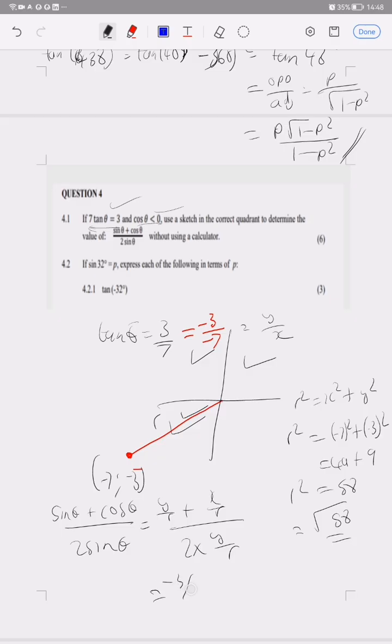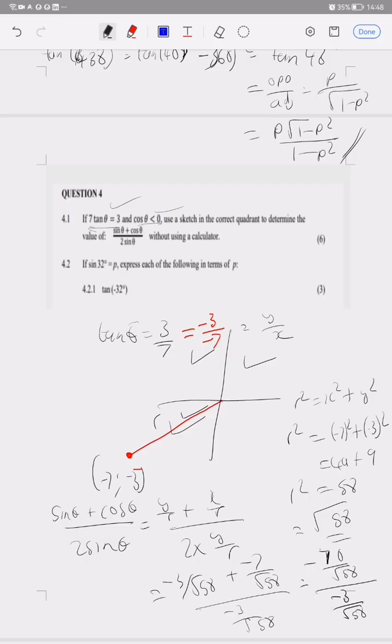We have negative 3 over the square root of 58 plus, what is my x? Negative 7 over the square root of 58. What is my y? Negative 3 over the square root of 58. Right, let's just simplify it. This one here will have negative 10 over the square root of 58 over negative 3 over the square root of 58.